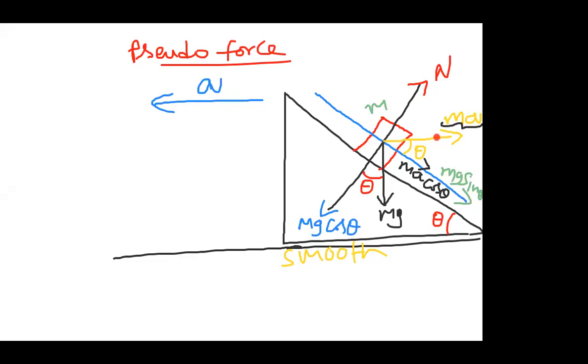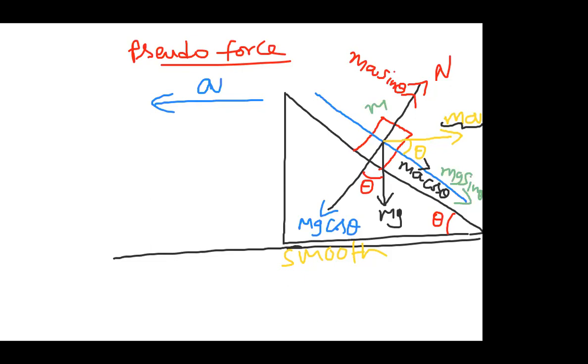In this direction, MA cos theta. In the direction of normal, I can write MA sin theta. Resolving a vector into components, we know that very well.